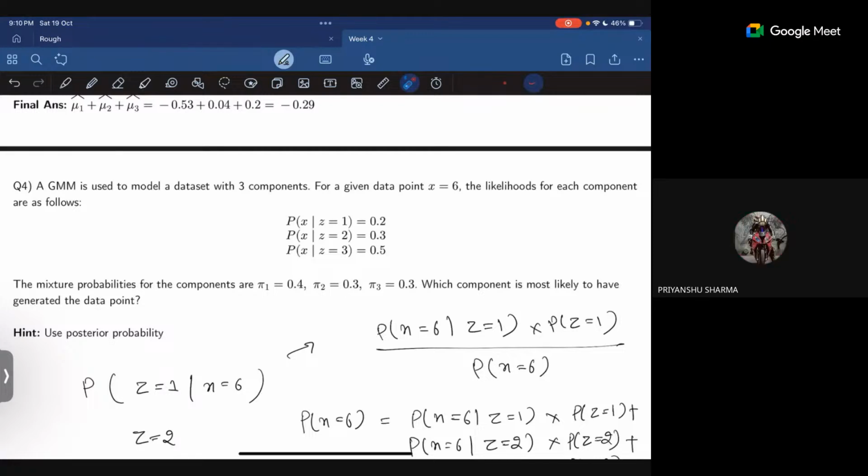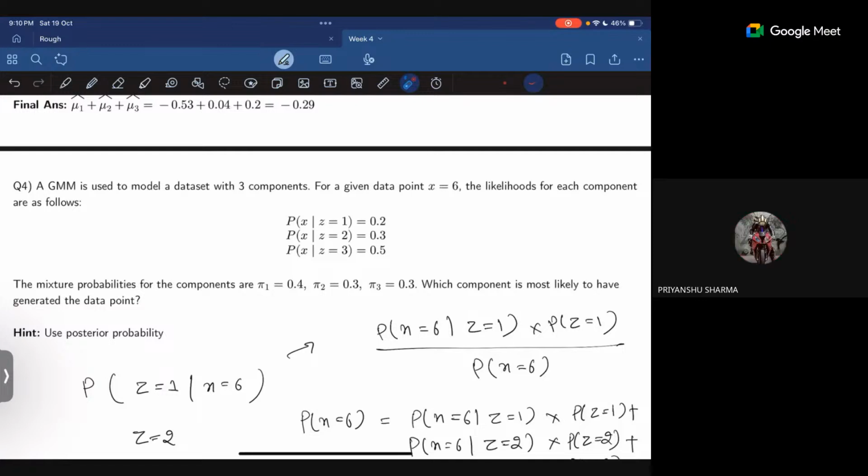To actually compute these, something would be given, right? Any additional information? Yeah, that is mu k and sigma k. That would also be given to you. And then you need to calculate the Gaussian distribution value at x equal to 6 with mu k and sigma k, using the density function. And the rest is just the same.